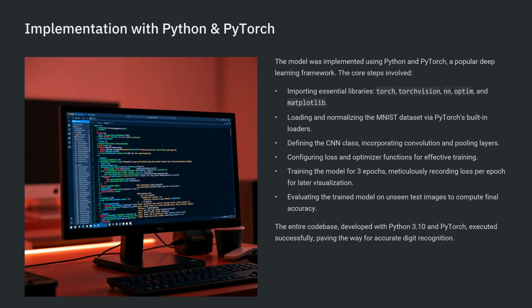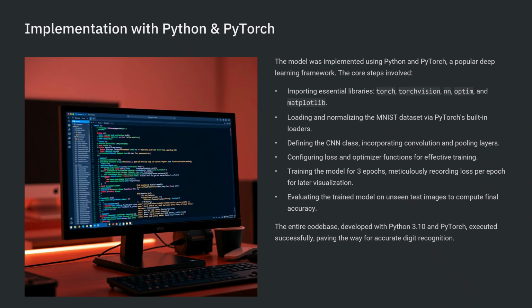To build this model, we used Python and PyTorch. We started by importing all necessary libraries for neural networks, data handling, and visualization. Then we downloaded the MNIST dataset and applied basic pre-processing like converting images into tensors and normalizing them. After that, we defined the CNN model using PyTorch's nn.Module class.